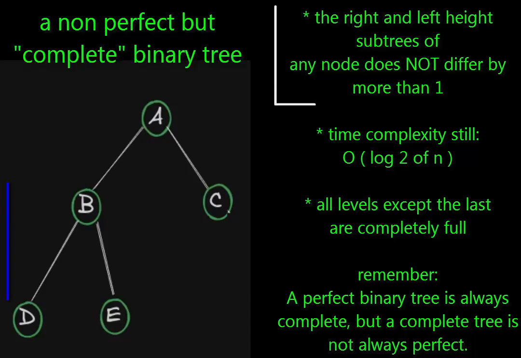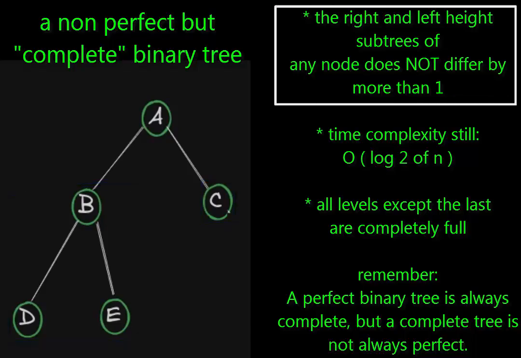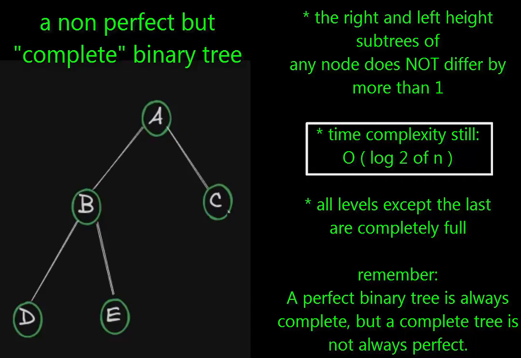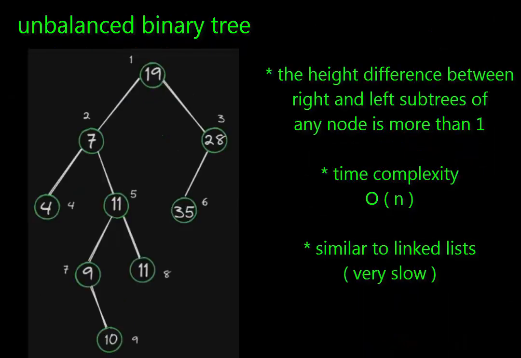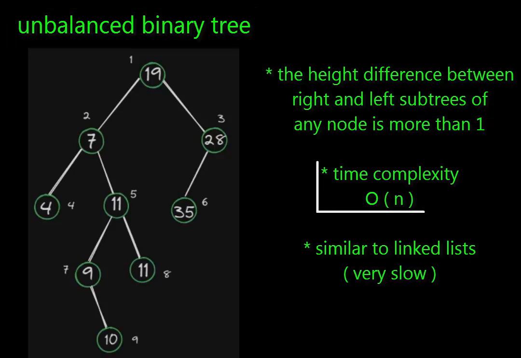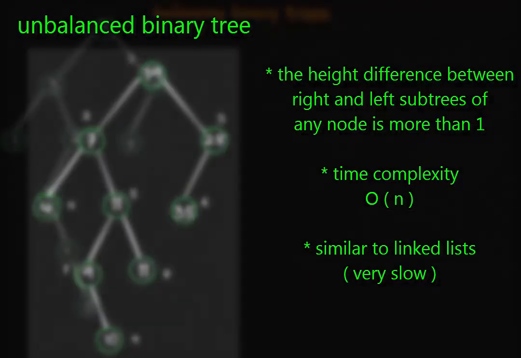If the height of the left and right subtrees for any node does not differ by more than 1, then it is said to be a complete binary tree and still has this time complexity. Now, if the difference for any node is more than 1, then it is said to be an unbalanced binary tree, and the performance is very low, to the point it makes no sense to work with.